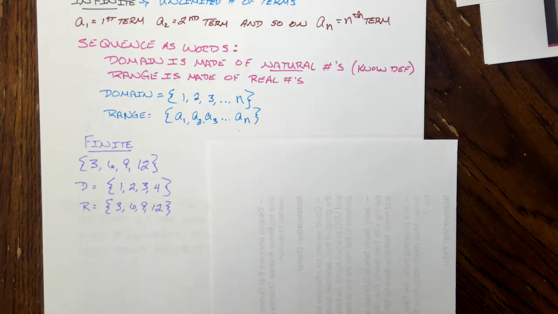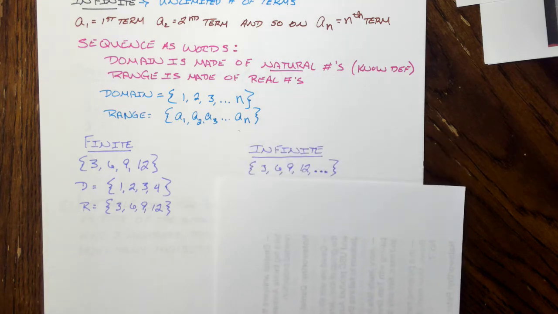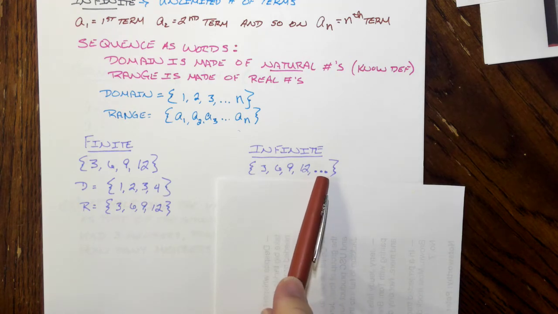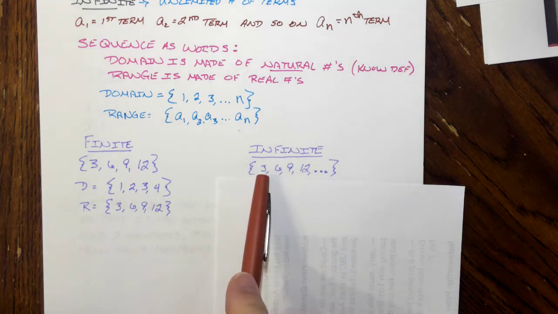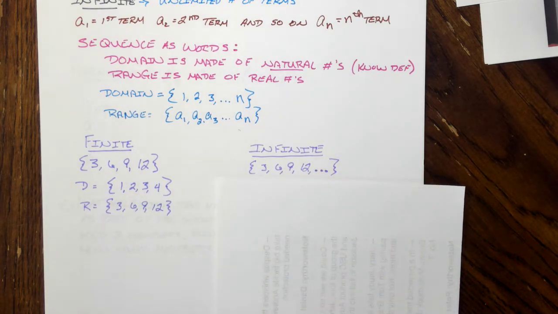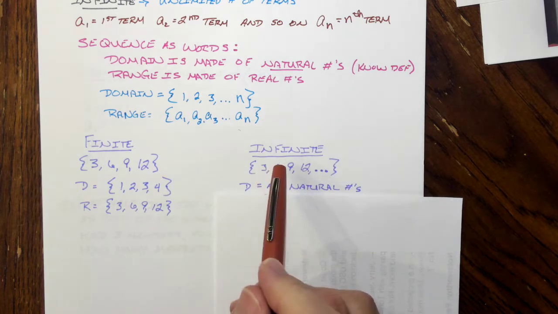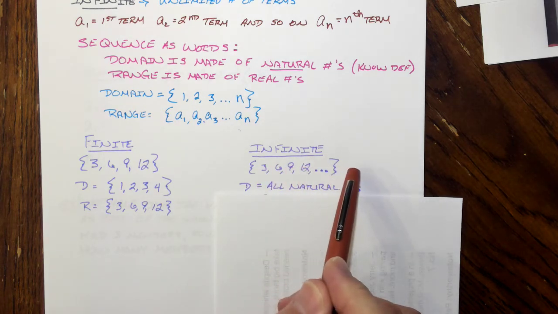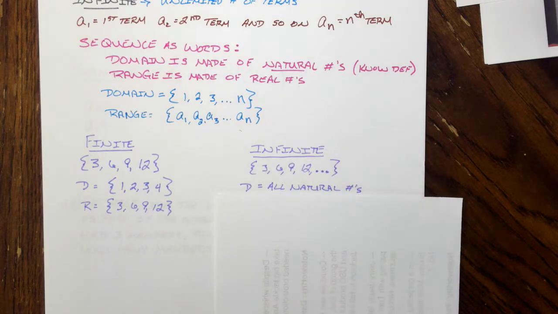Now notice the difference if it were an infinite sequence. You're going to see the 3 dots. So it starts at 3, 6, 9, 12, and then carries on. It goes on off to, get ready for it, infinity. So what's your domain going to be? Well, we still have a first term, so it's going to be all natural numbers: 1, 2, 3, 4, and then off to infinity. So we look then at what the range is.